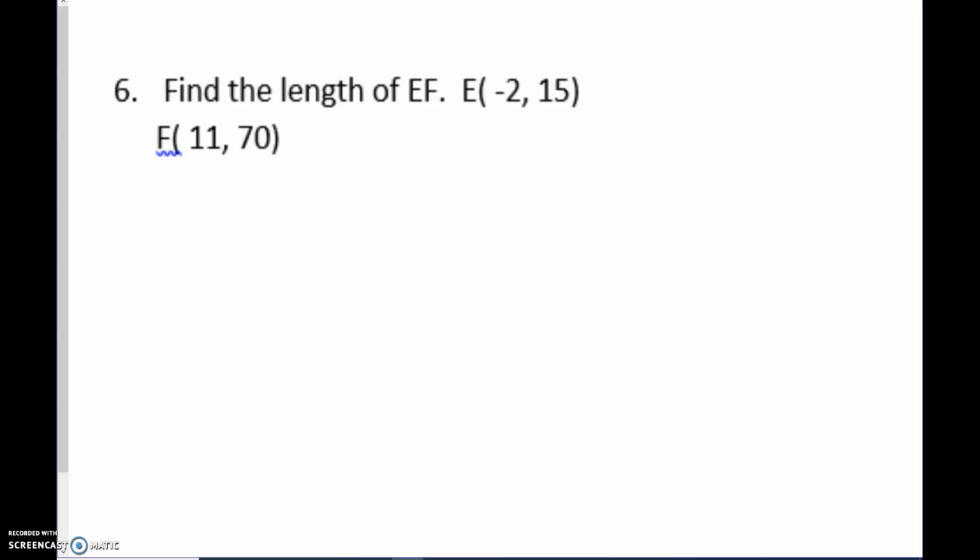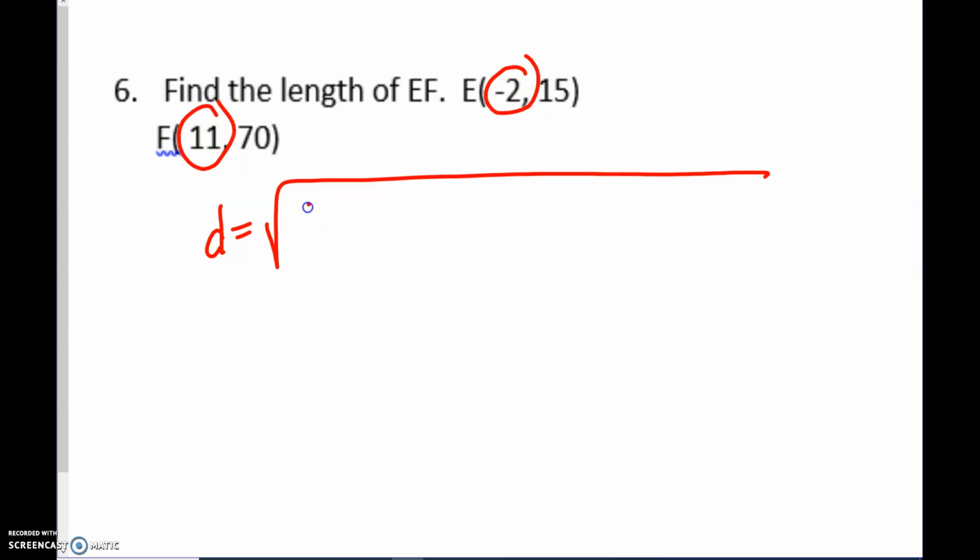All right, find the length of EF. I'm going to use my distance formula here because I don't want to graph this. I'm going to put my x's together: negative 2 minus 11, quantity squared, plus 15 minus 70 squared.